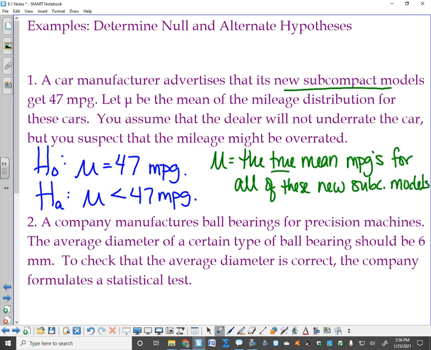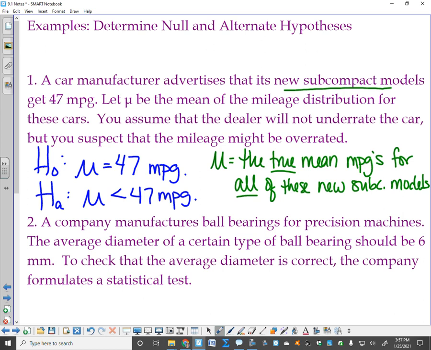Again, big words. So guys, that is identical from chapter 8. Identical. Define your parameter. Okay, so null, the claim. Alternate, what you think is really going on.